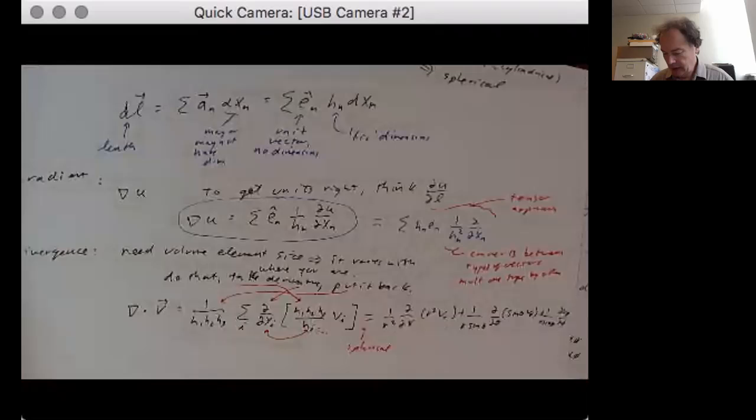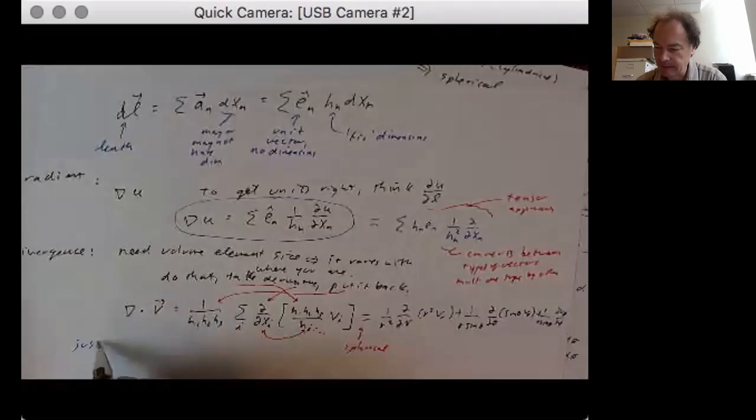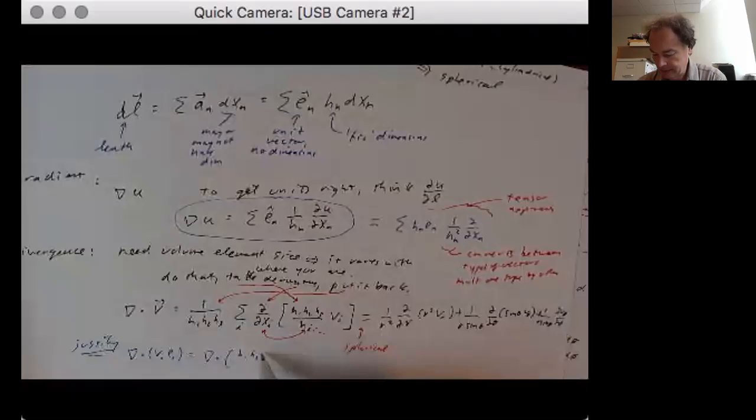Okay, so the way that you can justify this, by the way, is you can take del dot v sub i e sub i, which is equal to del dot h1 h2 h3 over h sub i times v sub i times h sub i e sub i over h1 h2 h3.